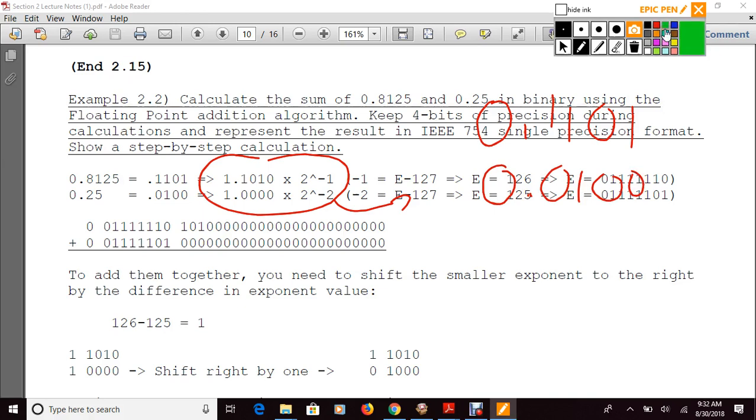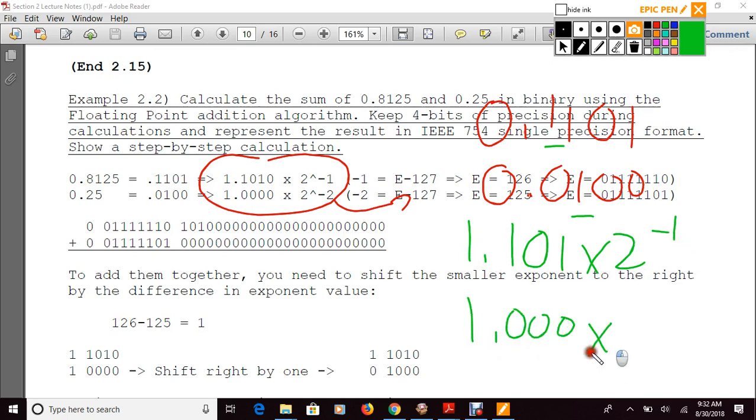With the IEEE 754 floating point format, the way it's defined is the most significant digit is the 1 plus the mantissa. So here they don't line up. What's actually happening is it's 1.101 times 2 to the negative 1, right? And here it's 1.000 times 2 to the negative 2.